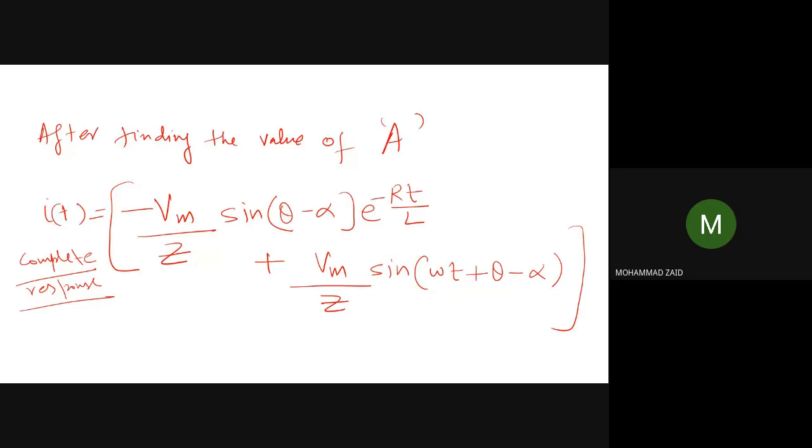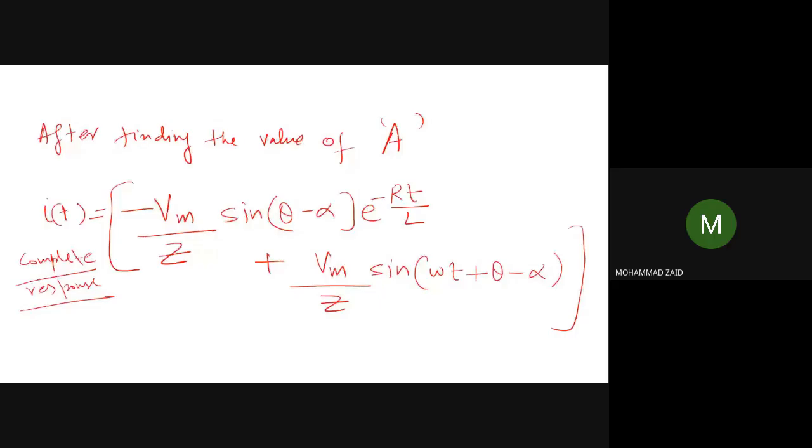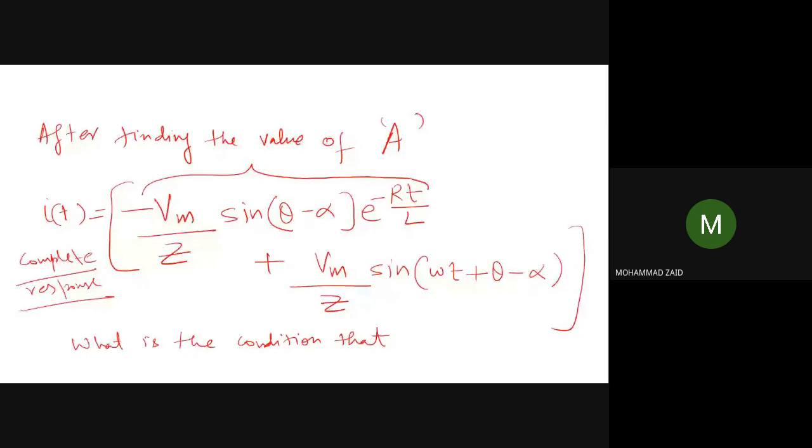Now, in this equation, can you tell what is the transient part? Let me clarify it once again. This is i transient, and this is i steady state.